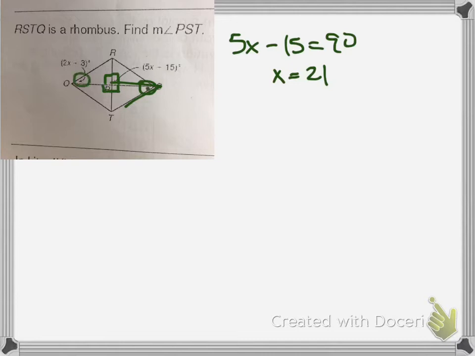This angle and this one are congruent. So if I put the 21 in here and say 2 times 21 minus 3 is equal to 42 minus 3, which is 39, then that would give me the degrees for this one. You could probably get that hopefully from the multiple choice, and I'm hoping that this is not less difficult than it looks. But there you go. That's all you have to do for that one.